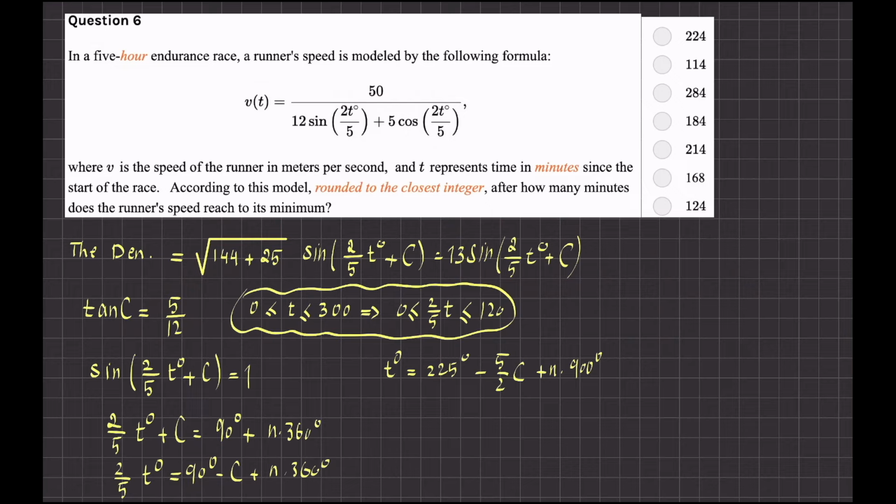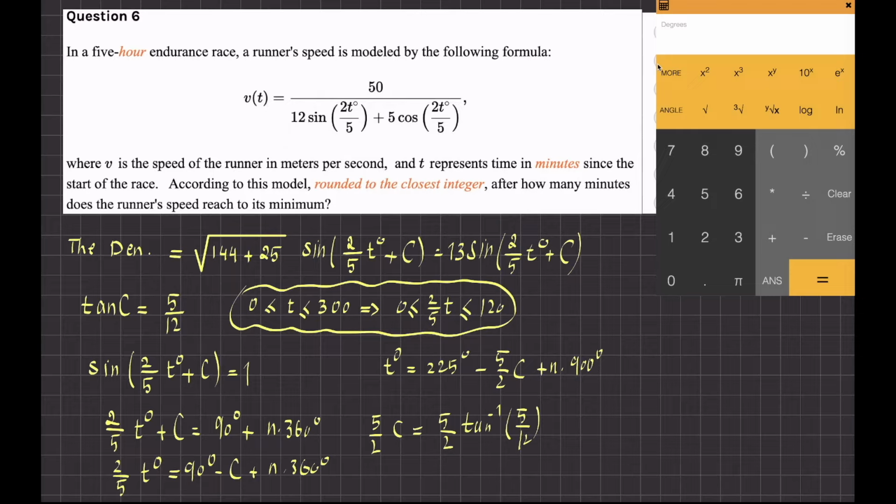So here from this relation I can calculate my c. So c is tangent inverse of 5 over 12, but I need to calculate 5 over 2 of it, so I multiply this by 5 over 2. Let me go to the calculator now and type that number there.